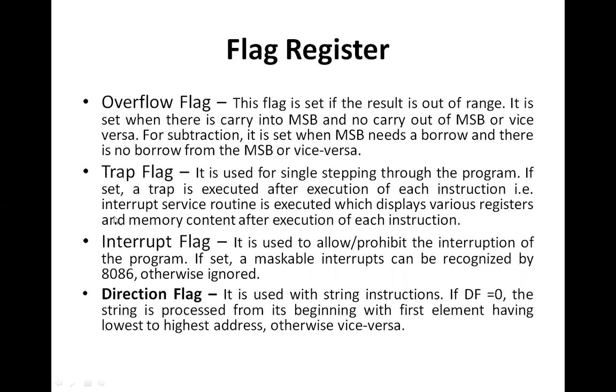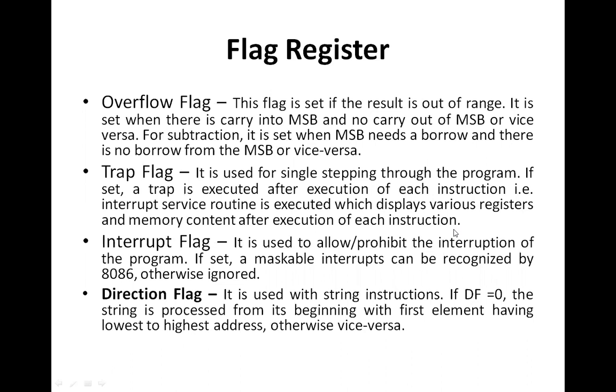That is, the interrupt service routine is executed, which displays the various register and memory contents after the execution of each instruction. Meaning, if this flag is set, after each instruction is executed in a step-by-step process, whatever the result is, it will be displayed on the screen.